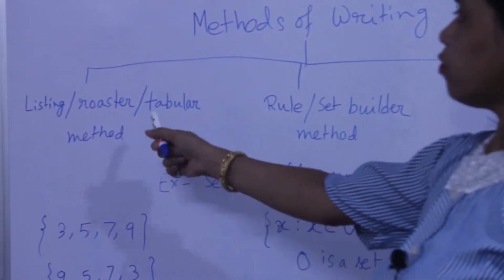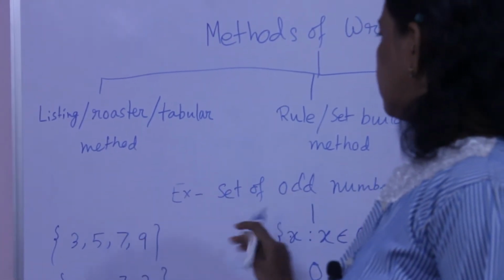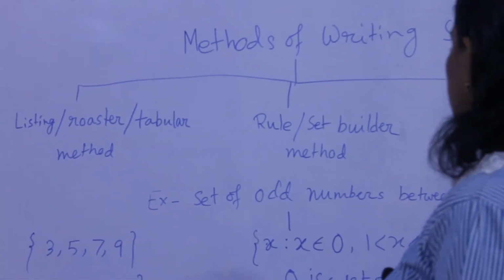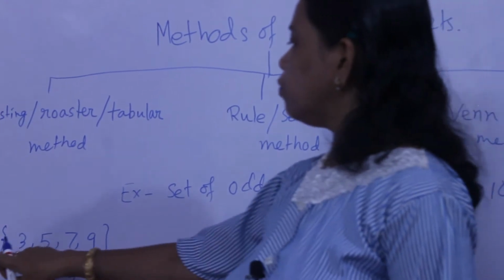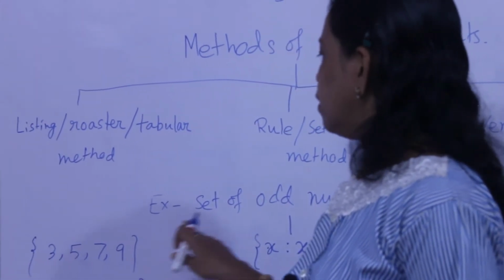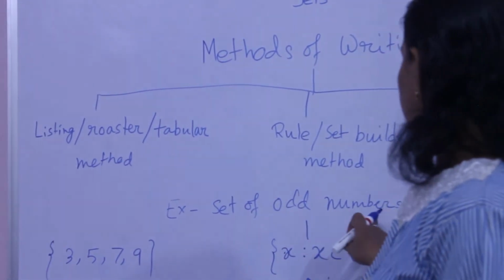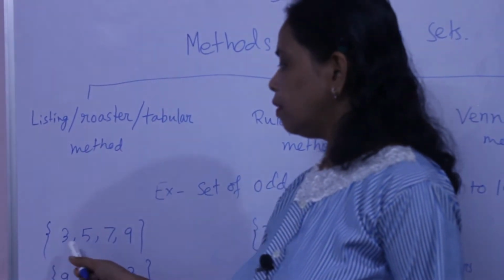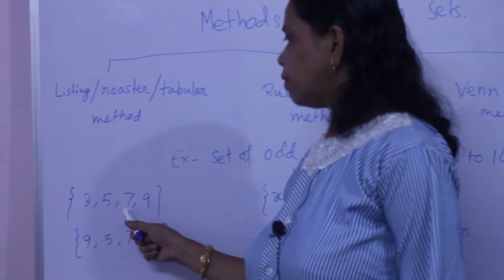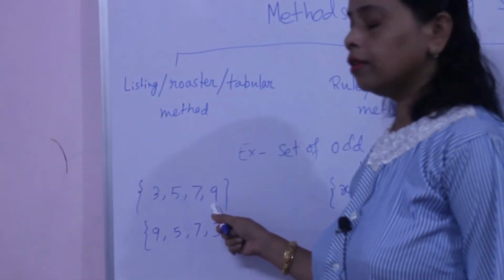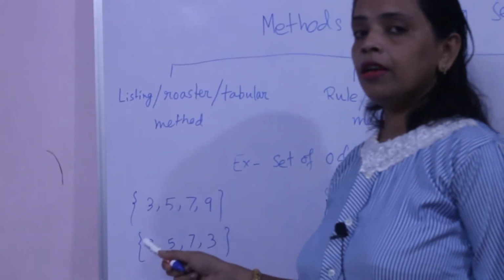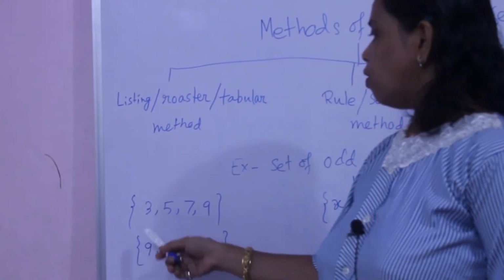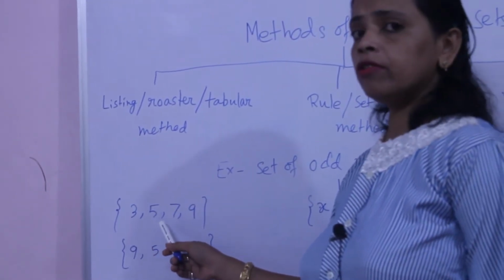So in listing, roster or tabular method, how do I write set of odd numbers between 1 to 10? In this method, we use curly braces first. Then the first odd number between 1 to 10 will be 3, then 5, then 7, and then 9. Okay, here keep it in mind that order of number is not important.